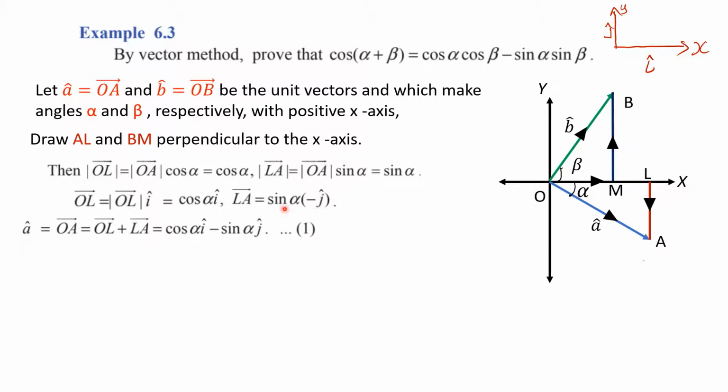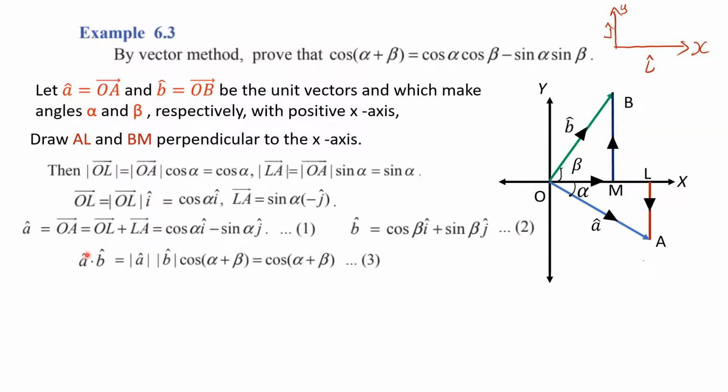Okay, so it's minus sin alpha j cap, right? Further, we can define B cap as equal to, which is this vector, OM plus MB. And this can be easily defined as cos beta i cap plus sin beta j cap. All right.